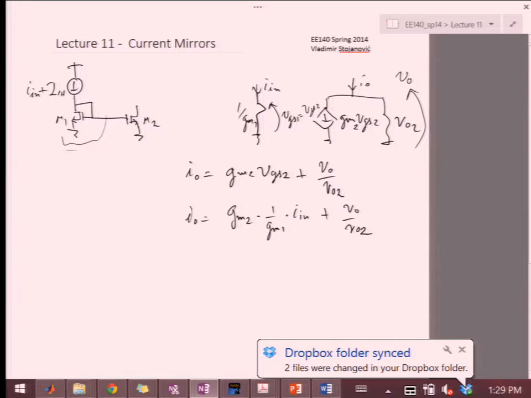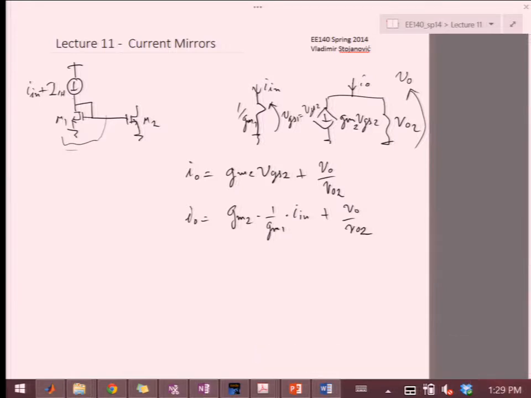So if these two transistors are the same, then the gms will cancel out. If they're not, then I still have this ratio of the sizes that will determine the multiplication factor, right? So this will be W over L of 2 over W over L of 1, because everything else will cancel out.